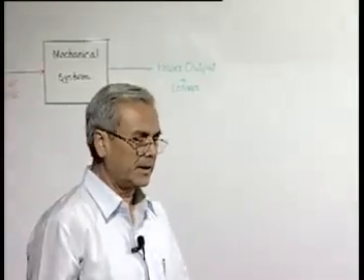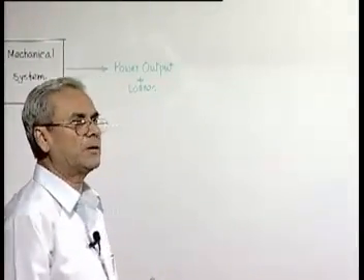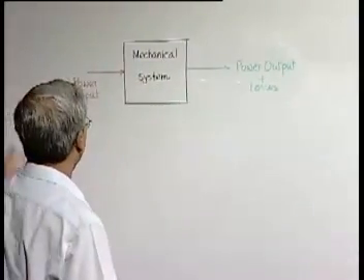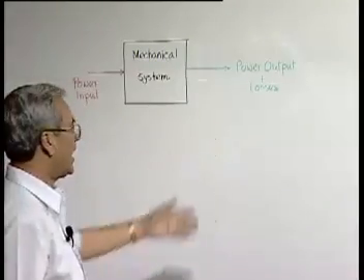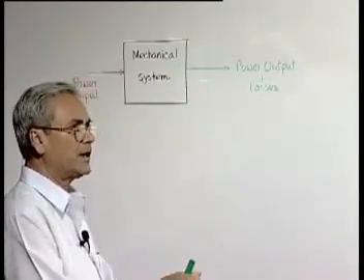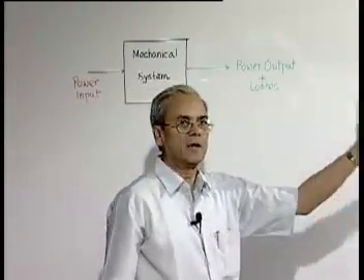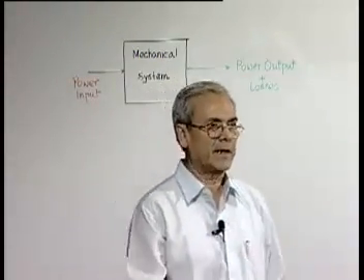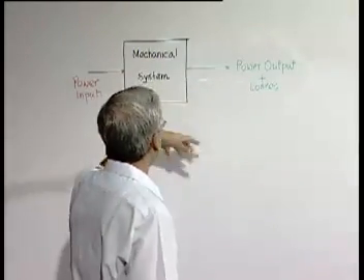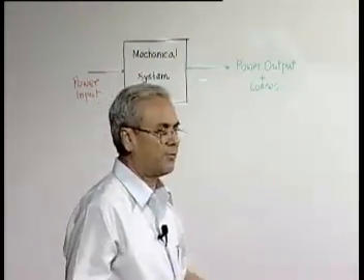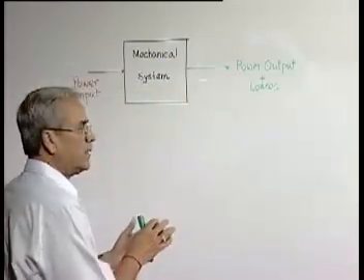So, irrespective of the nature of the system, there is power input from one side, which is putting energy into this system, and the mechanical system is doing some work and spending energy, and in between there will be some losses because of friction, etc., within the system.